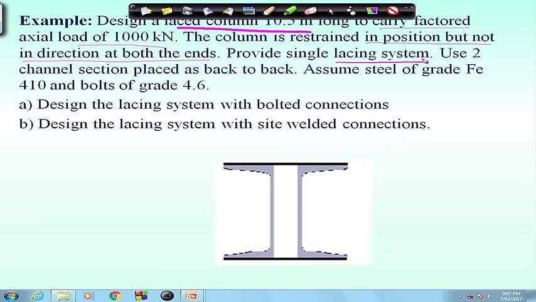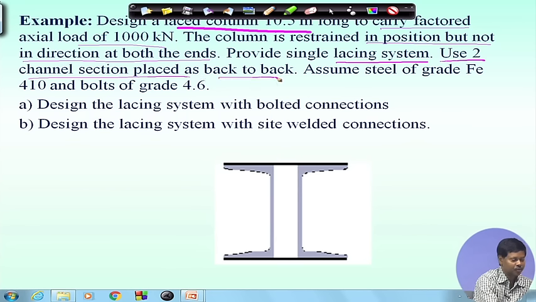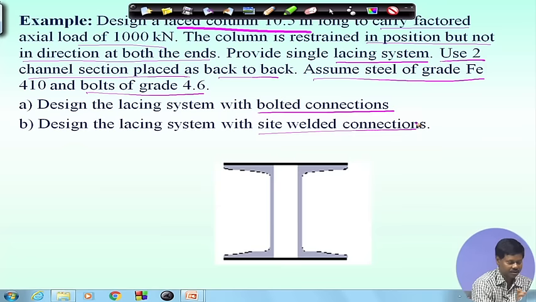Use two channel sections placed back to back, assume steel of grade Fe 410 and bolts of grade 4.6, and design the lacing system with bolted connections and with welded connections, right.